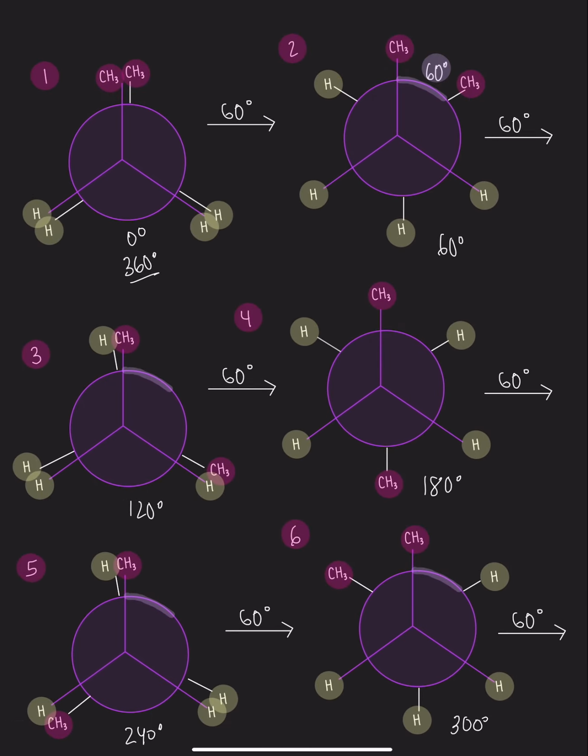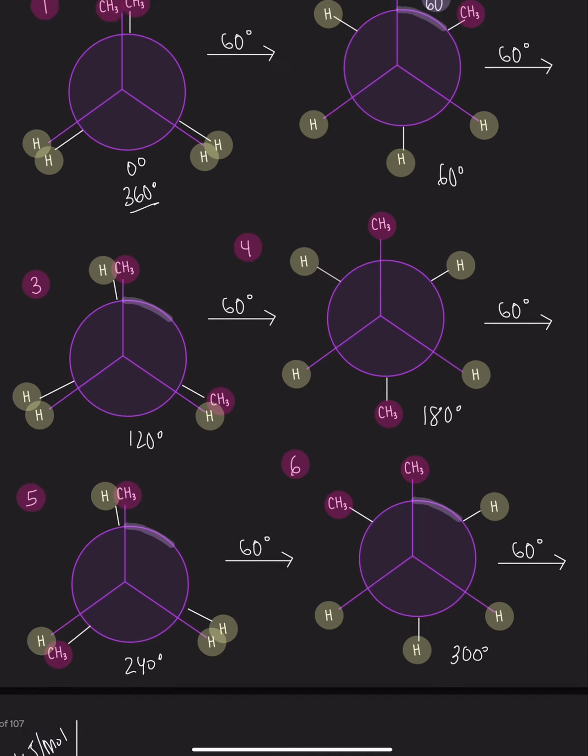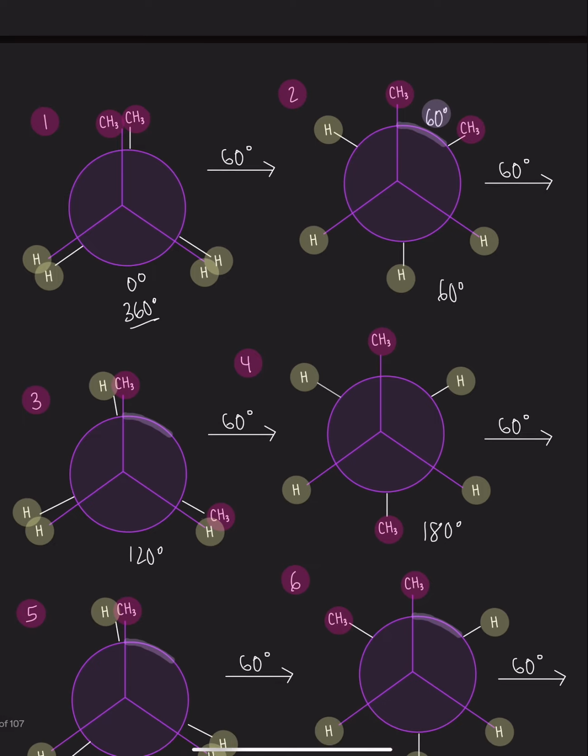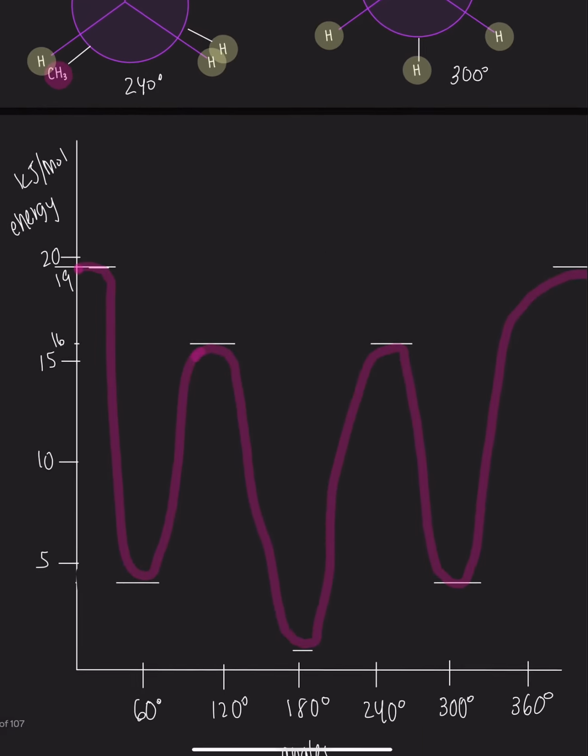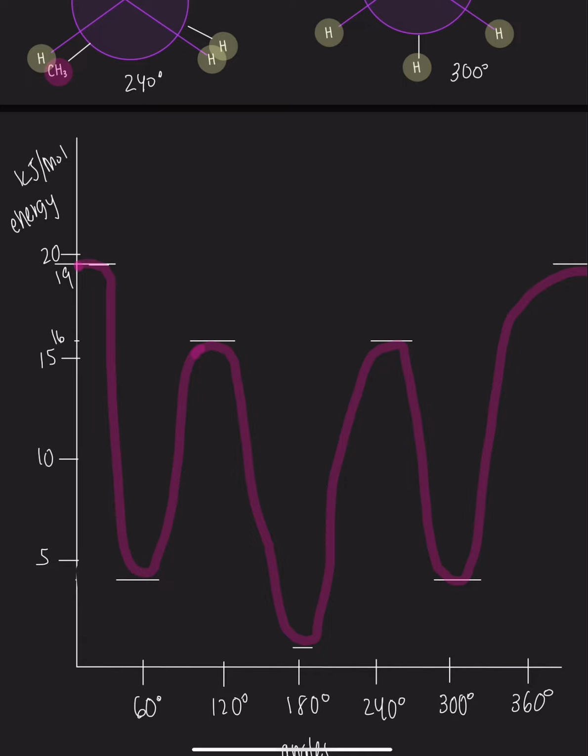But as you can see that we discussed in the last video, at the 0 mark, you have your two R groups stacked on top of each other, which is way more energy than your R group with hydrogen. So again, that's why number 1 was the highest. And since number 1 was the highest here, it's going to have to be the highest here at the end because it goes back when you do your full 360 degrees.